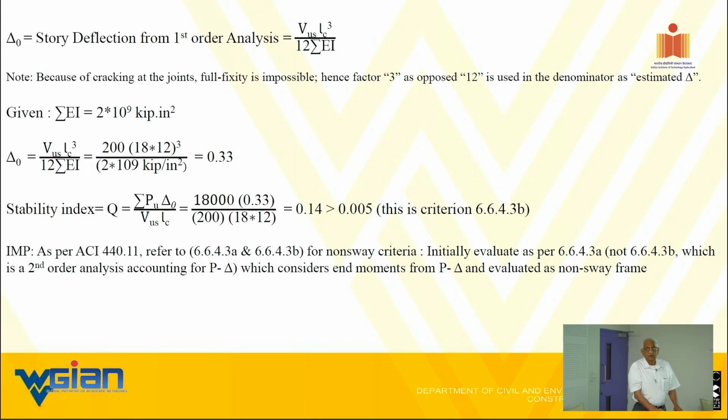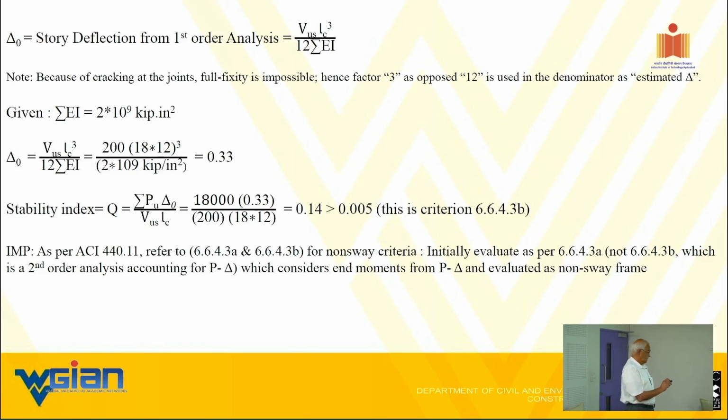If there is no crack, it will be V L cubed over 3 EI, P L cubed over 3 EI. Remember the cantilever thing? Good. Because of the cracking of the cross section, it is P L cubed over 12 EI. But EI is a combination of all the columns that are resisting the lateral force along the whole story.